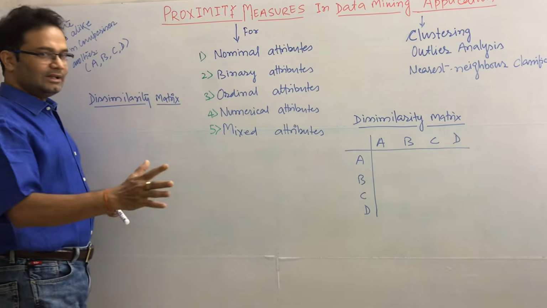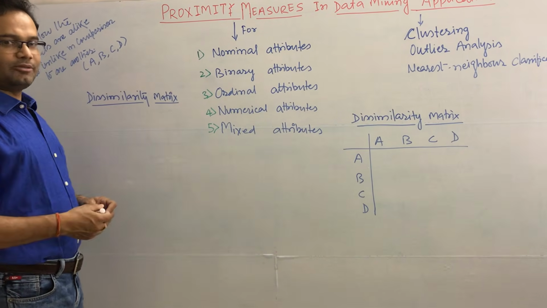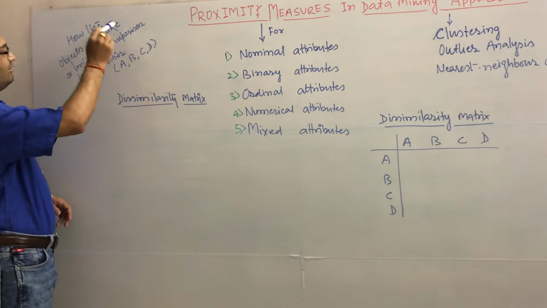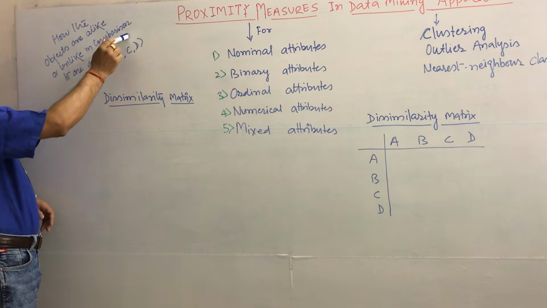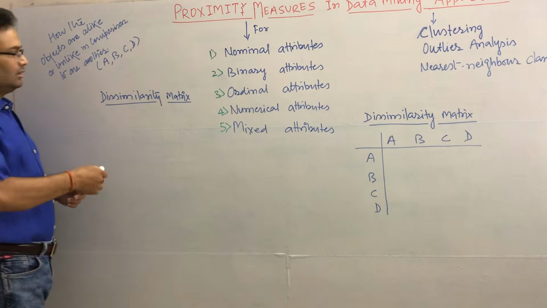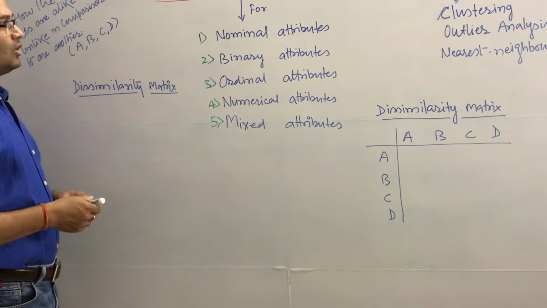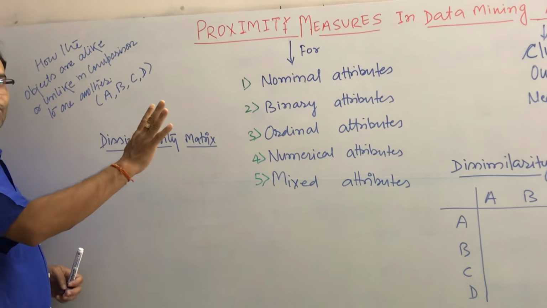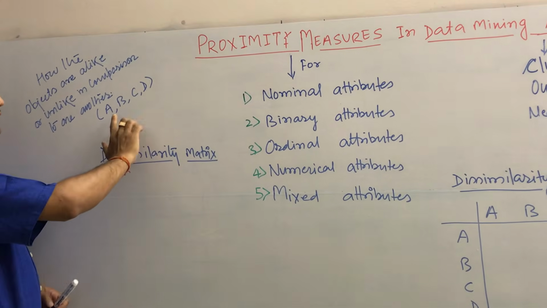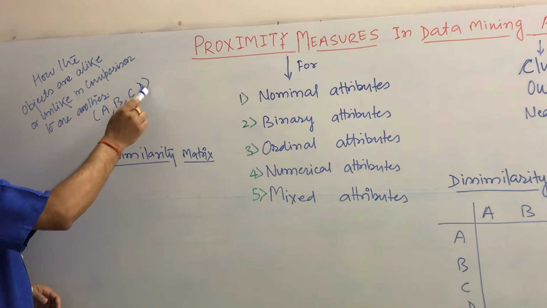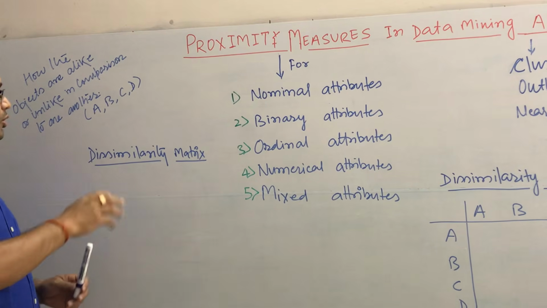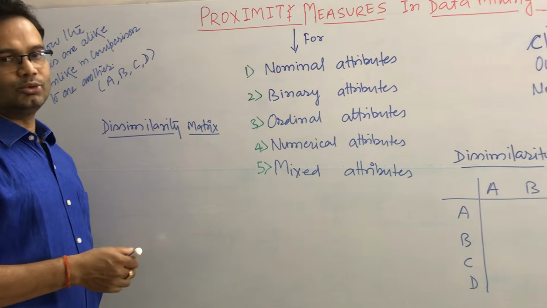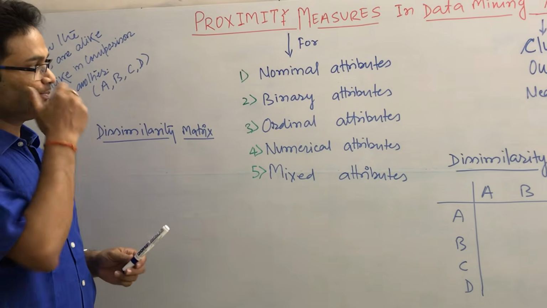By definition, proximity measure is how the objects are alike or unlike in comparison to one another. Suppose we have four different objects A, B, C, D, and I want to know how similar they are to each other, then we have to do the proximity measures.